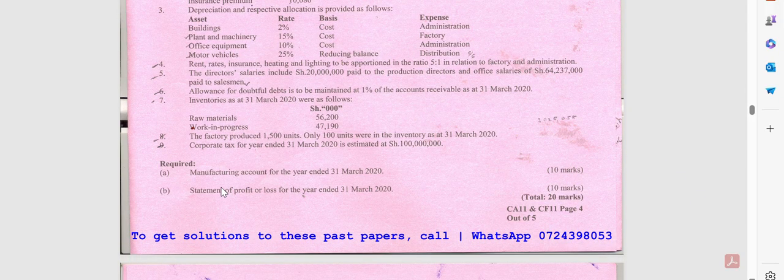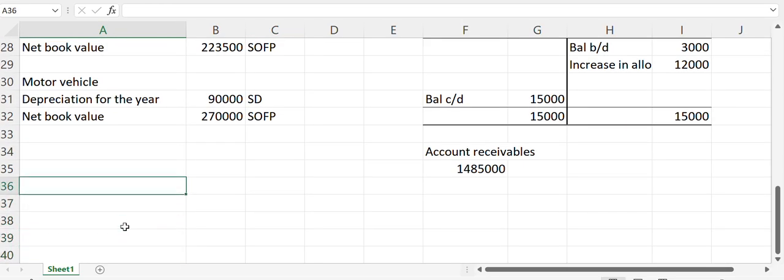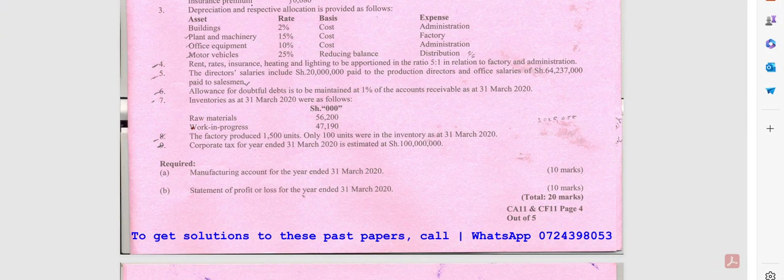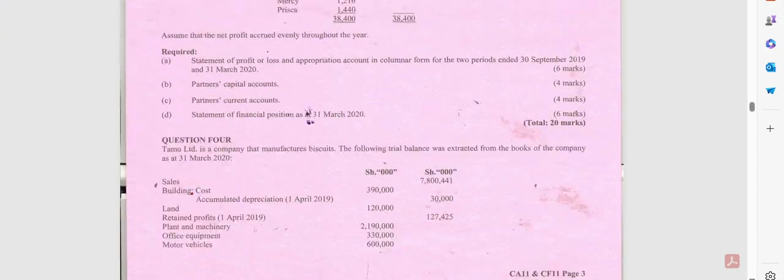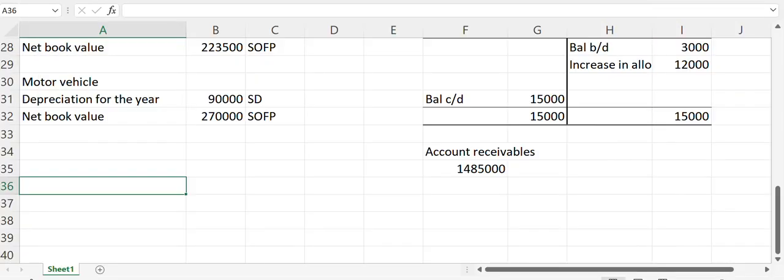Then we are told the corporate tax will be 100,000. So we are required to open the manufacturing account. So let us now open these accounts. Okay, so we are done with the adjustments. I'm going to open it somewhere here. The name of this business was Term Limited.